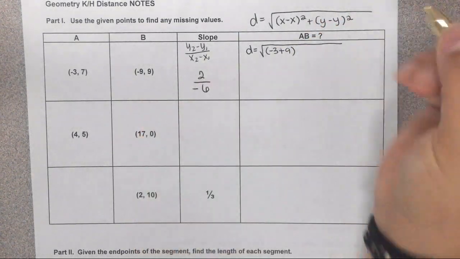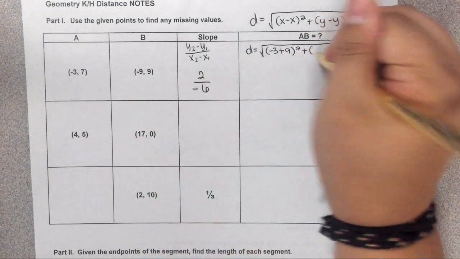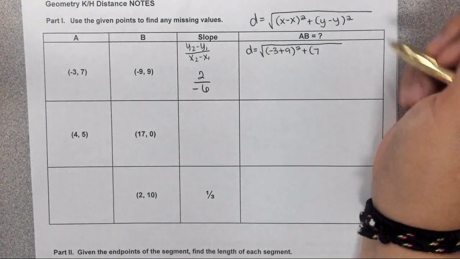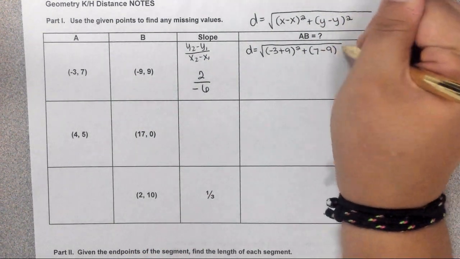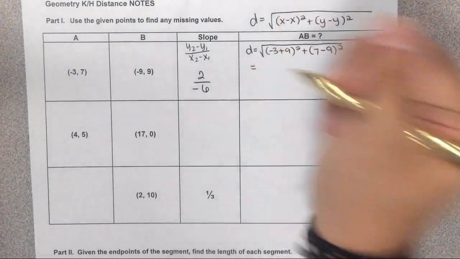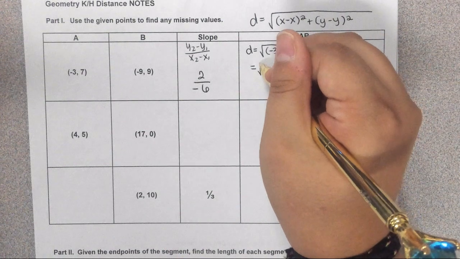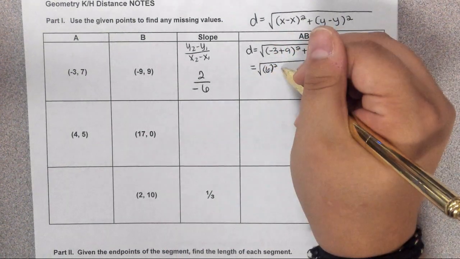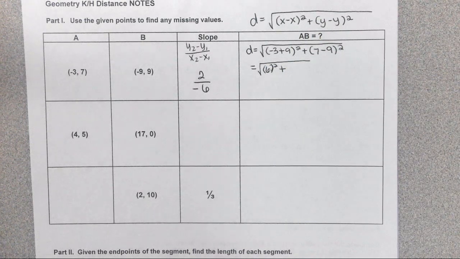Because it's negative and a negative, all right. And then 7 minus 9. What is negative 3 plus 9? What is 7 minus 9?